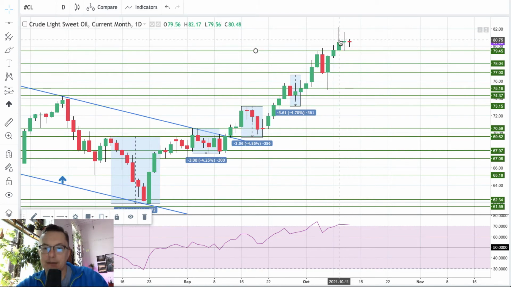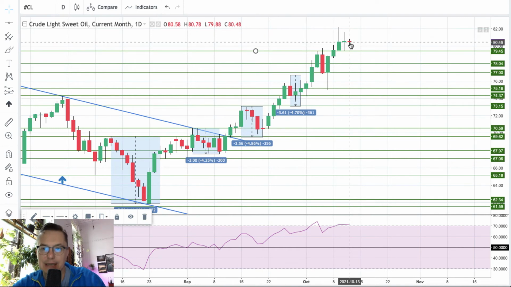We already saw some kind of bearish pressure here during the top making at 82.17. Then we got this doji formation. Then we have a limited volatility inside bar so far, because that's the daily time frame chart.